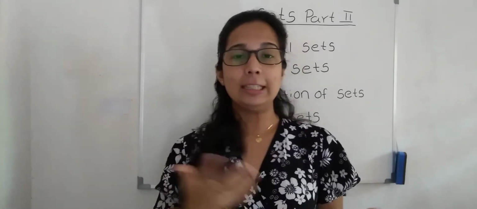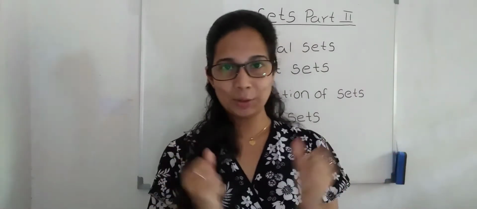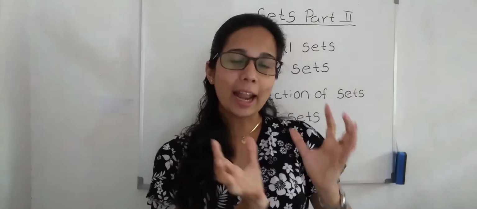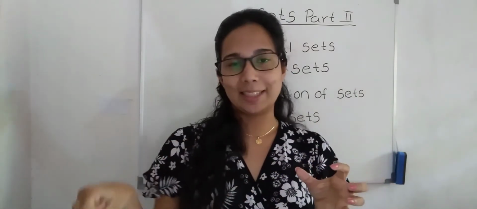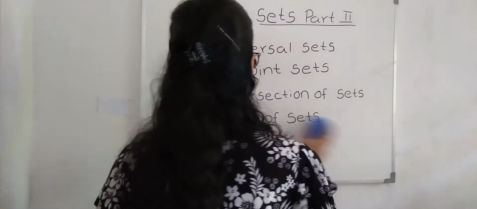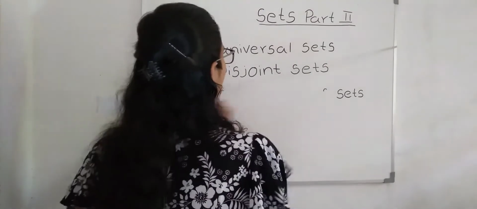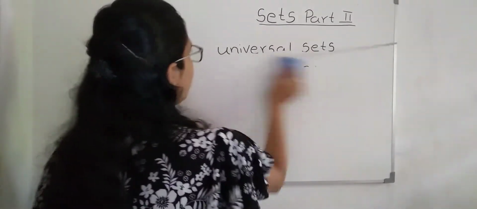Okay, think about a school. There are so many students in a school, isn't it? Yes, and we can categorize those students under many topics, right? Now I am teaching about the universal set.